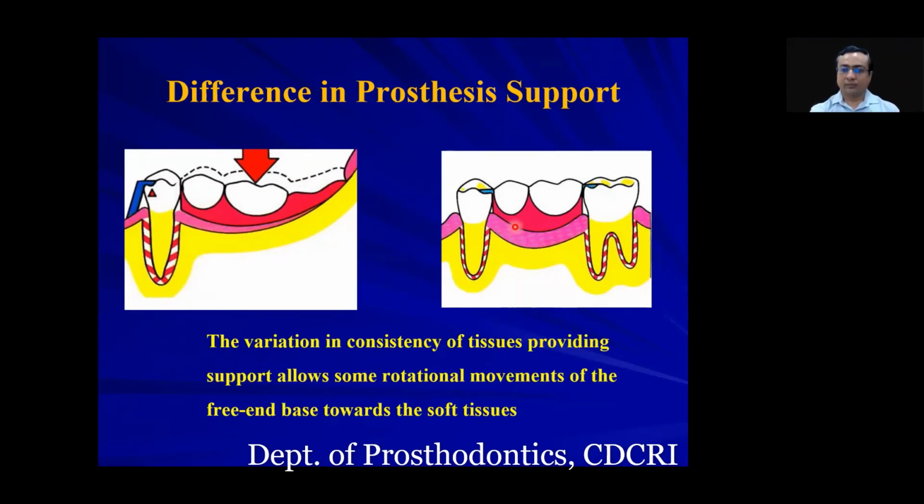In case of a tooth supported partial denture, it has tooth support or abutment support on both sides, that is the mesial side and the distal side. So most of the occlusal load will be transferred to the periodontal ligament, not through the soft tissues. Periodontal ligament means the forces will be transferred along the long axis. So there are no chances of tilting in case of tooth supported. But in case of a distal extension partial denture, it can be subjected to tilting.